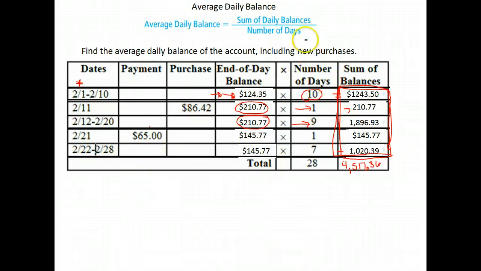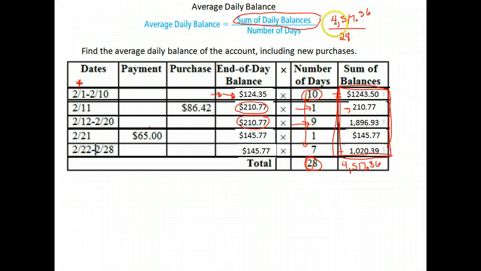Notice our formula up above says we're supposed to take the sum of the daily balances, which we just found was $4,517.36. We're supposed to divide that by the total number of days, which they totaled here for us. They added the days together, and there's 28 total days.